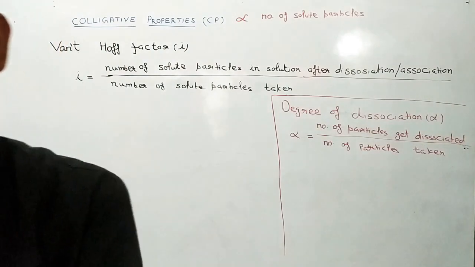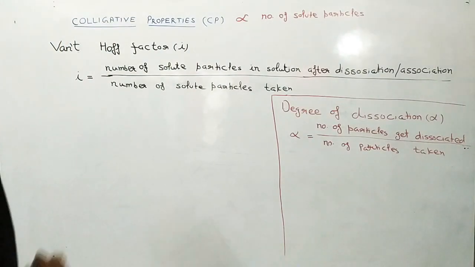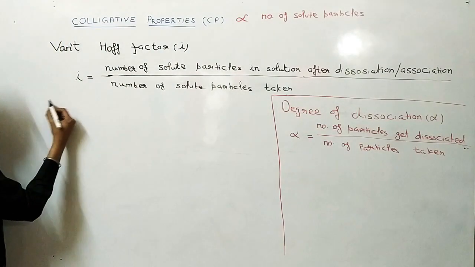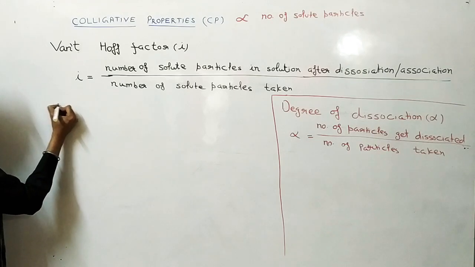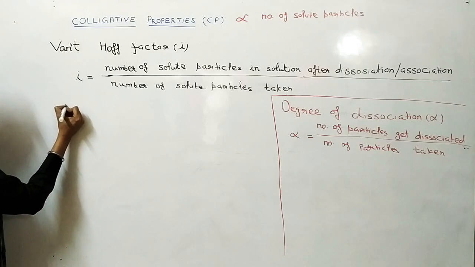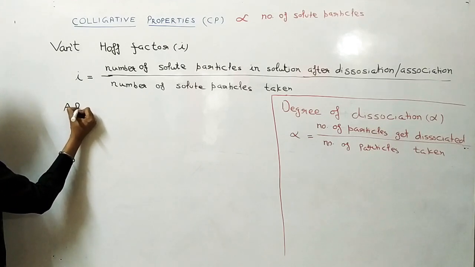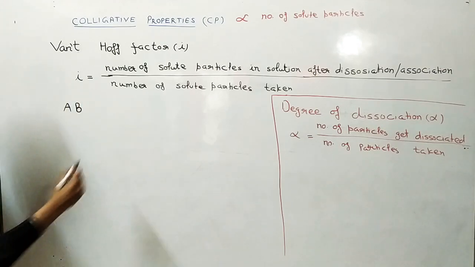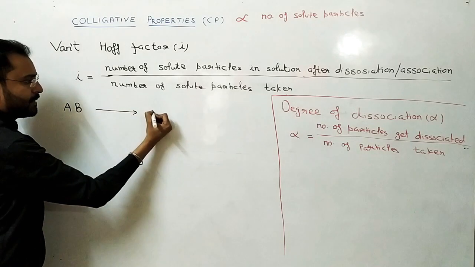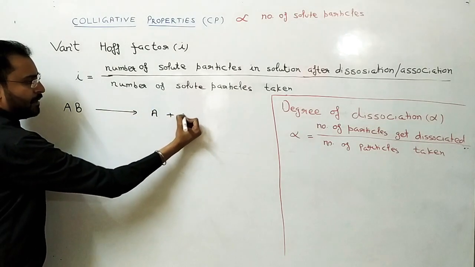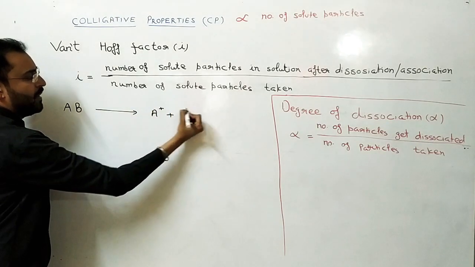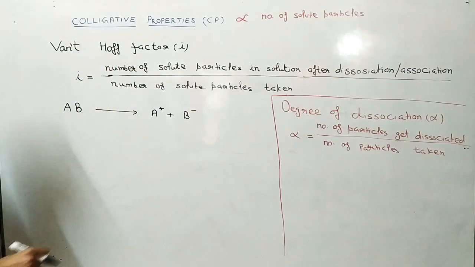Mathematically, consider we have initially a pen, consider it as AB. It dissociates as A and B. Let it be A positive, B negative: pen body, pen cap.